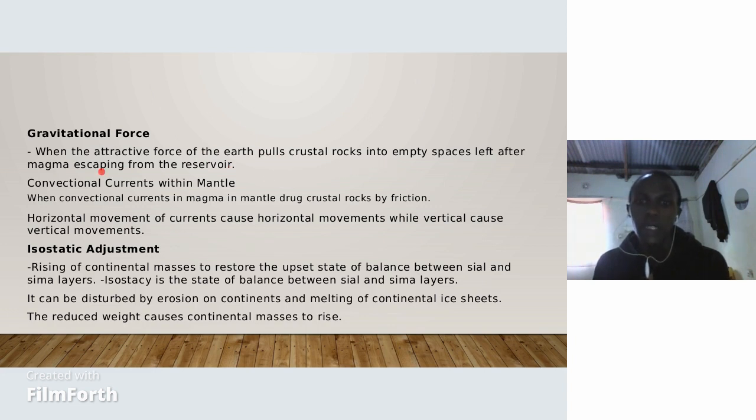Let's look at our next, convectional currents within the mantle. Convectional currents in magma drag crustal rocks by friction, and remember I said that they actually act in a circular manner. This horizontal movement of currents causes horizontal movement, with vertical causing vertical movement.